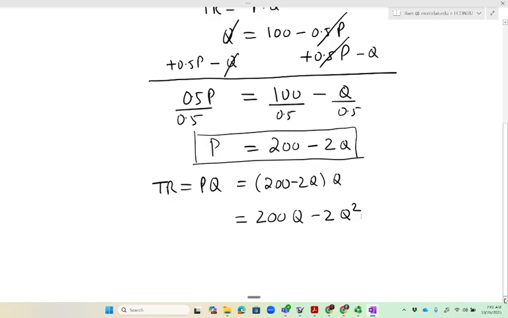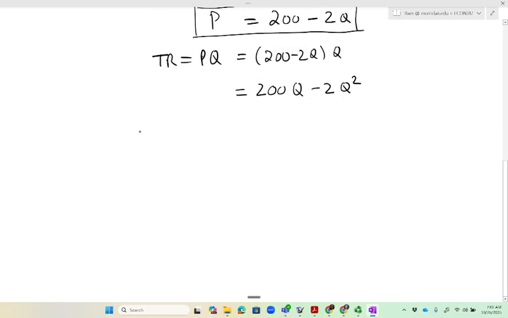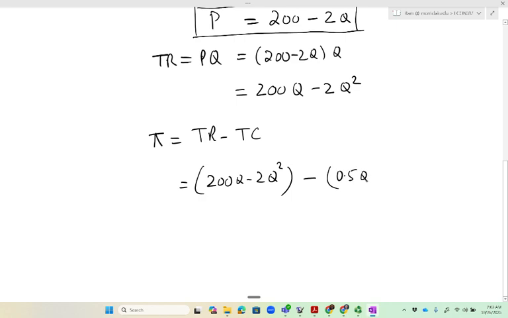Having found out the total revenue, now we are ready to find the profit. Total revenue minus total cost, 200Q minus 2Q square. That's my total revenue minus total cost. I will first write it in the parenthesis, so 0.5Q square plus 25, and then we will simplify the term.